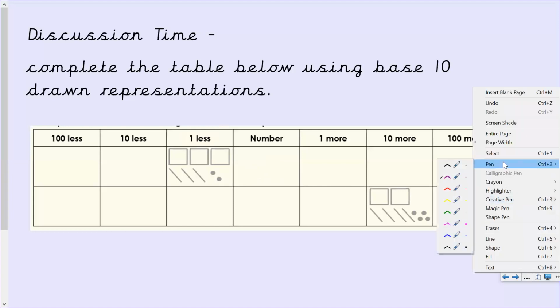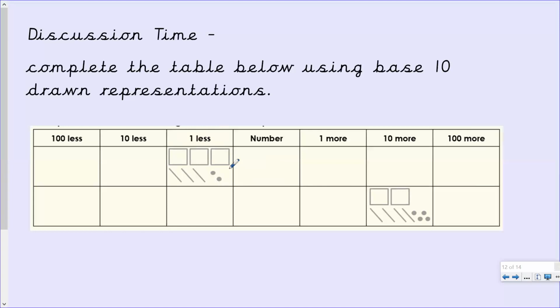So my number would be this number with one more ones. So it would be 330, and instead of 2, because we've already taken one of them away, it would have had 3 ones.